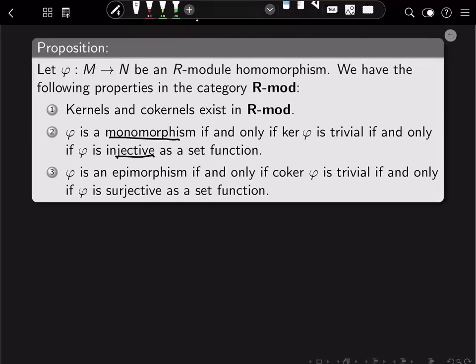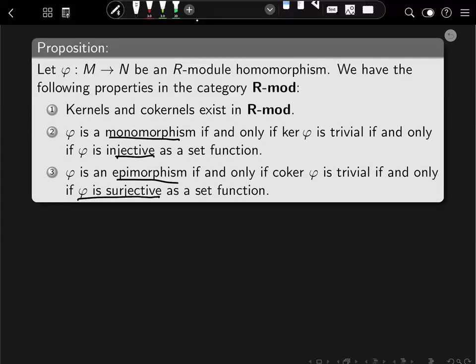And equivalently, we have an equivalence between phi being an epimorphism and phi being surjective. The statement of a monomorphism and epimorphism, which we'll review in a minute, is a statement about how the functions behave between objects.